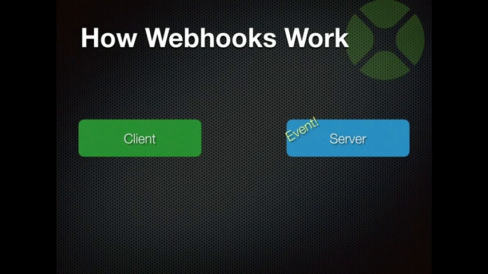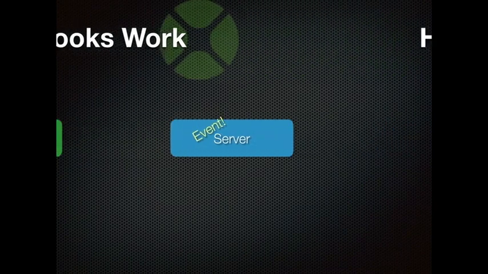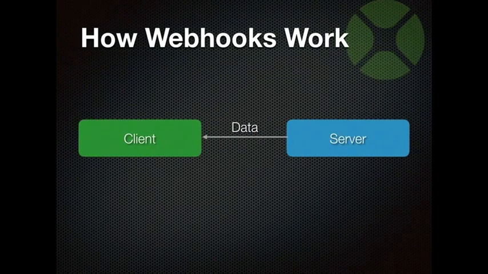So let's suppose that you're in the Eddie's app and something happens, like somebody creates a new invoice or adds a customer. Well, that's an event that's happening on the server, and we need to let some other system, which we'll call the client, know that that has happened. So as soon as the event happens, the server sends that data to the client, and that's the webhook notification. So it's instantaneous. As soon as the event happens, we send the data.